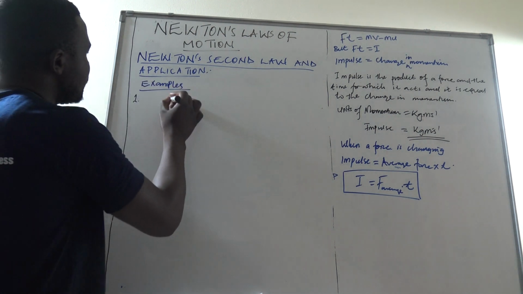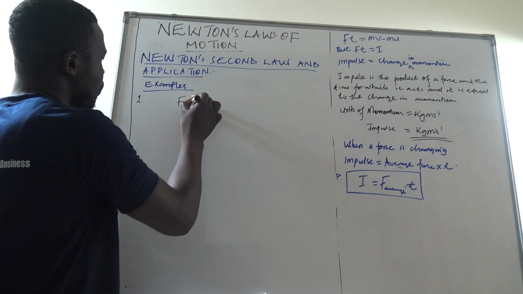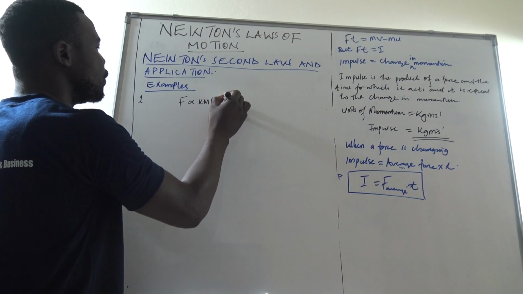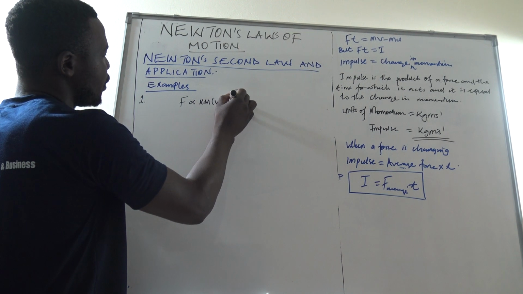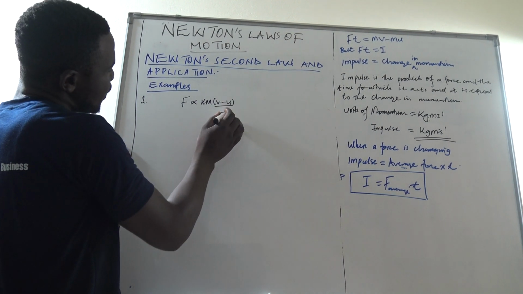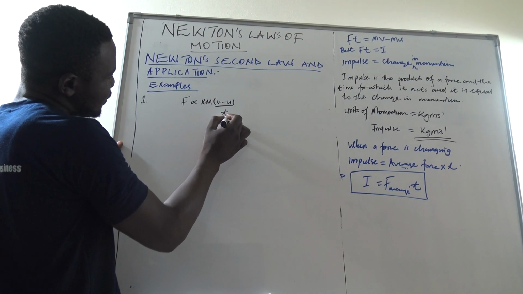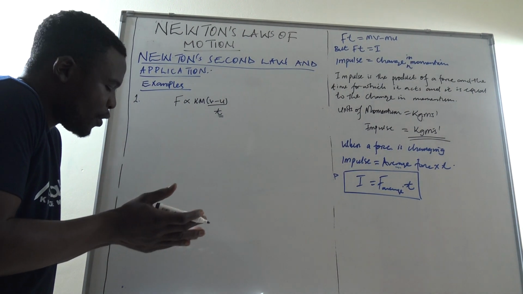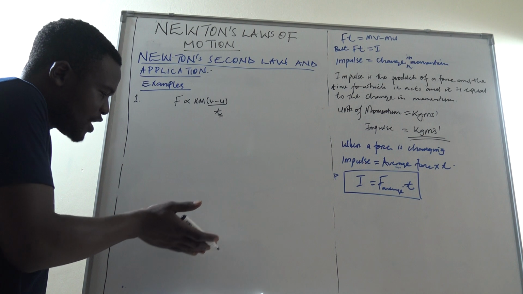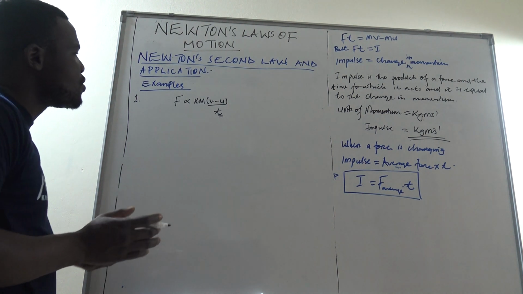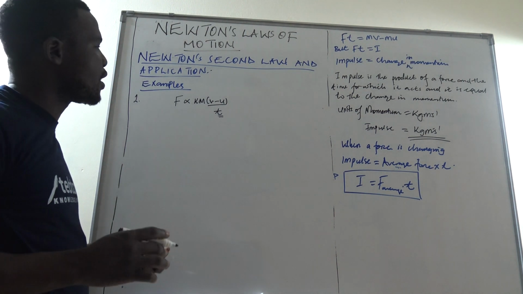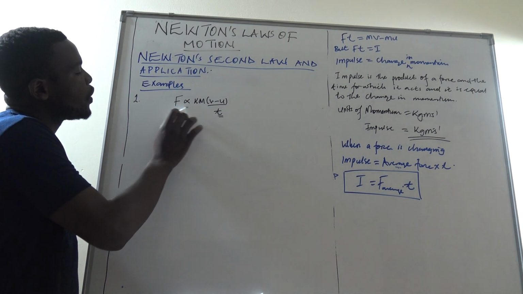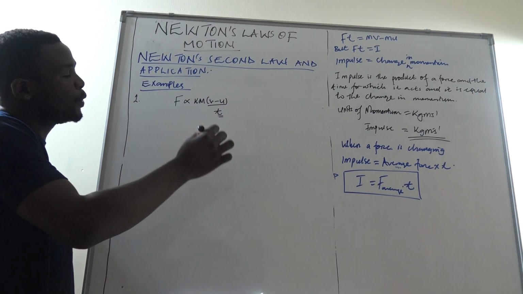When we look at the expression where F is proportional to 1/t, when the time of impact is increased, when you stay with the ball, you first receive it and then take your hands backwards, you reduce the force acting on you, simply because force is inversely proportional to time.